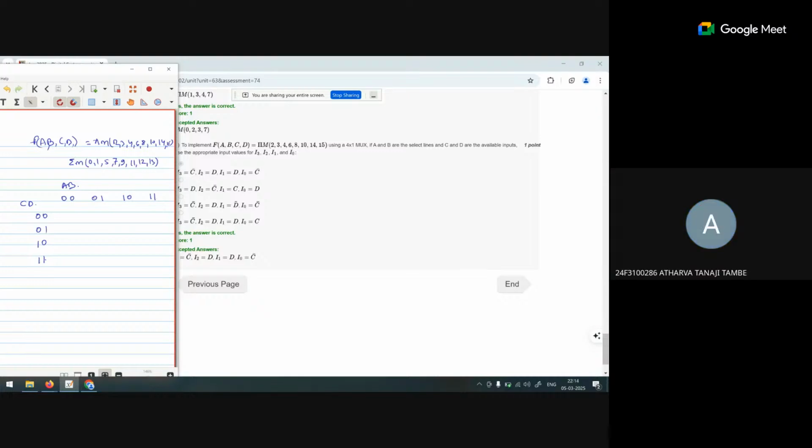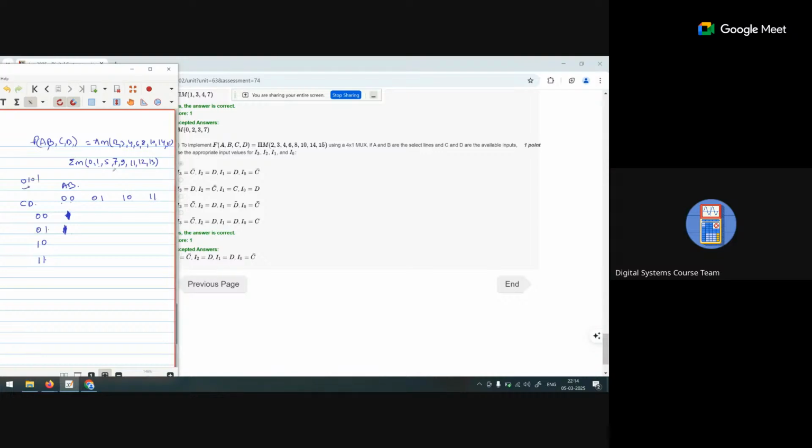Yes, sir. We have cleared that out. Okay, yeah. So now 0, so it is a defined term. Okay, I just mentioned as a 1. So D is 1, C is 0, A is 0, and B is 0. So this is the defined term. Sequence is always F, A, B, C, D. So 0, 0, 0, 1 is the one number, so it is different. Now 5. 5 is 0, 1, 0, 1.